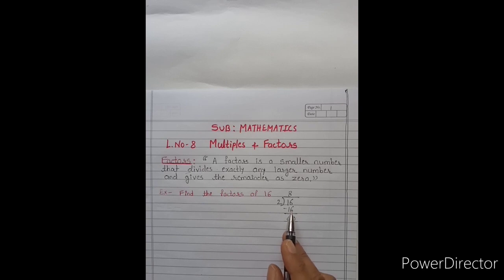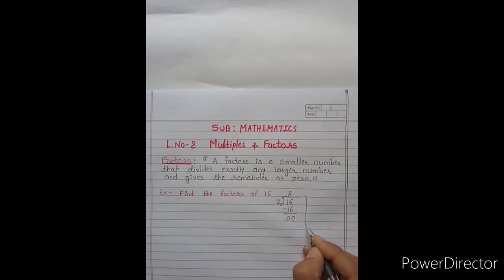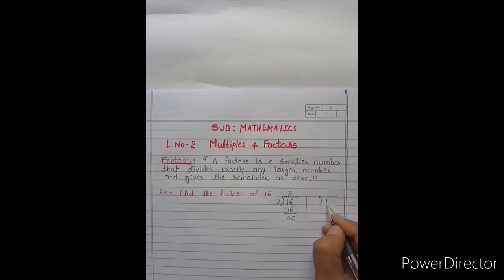Now divide 16 by 3. 3 3s are 9, 3 4s are 12, 3 5s are 15. So, on dividing 16 by 3, the remainder is 1.